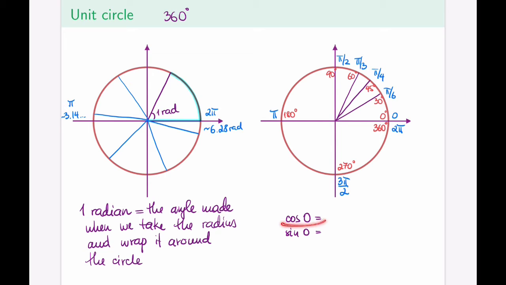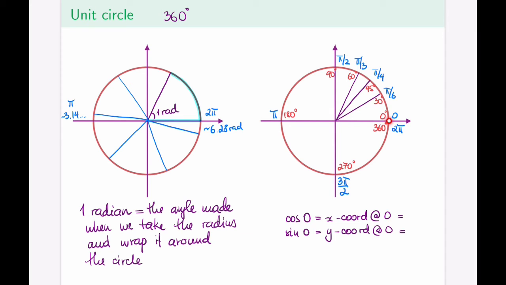So remember that the cosine of an angle is the x-coordinate at that angle. So it's the x-coordinate of the point at 0 degrees or radians, whereas sine is the y-coordinate at the point of 0 degrees or radians. So 0 degrees and 0 radians is this point right here.